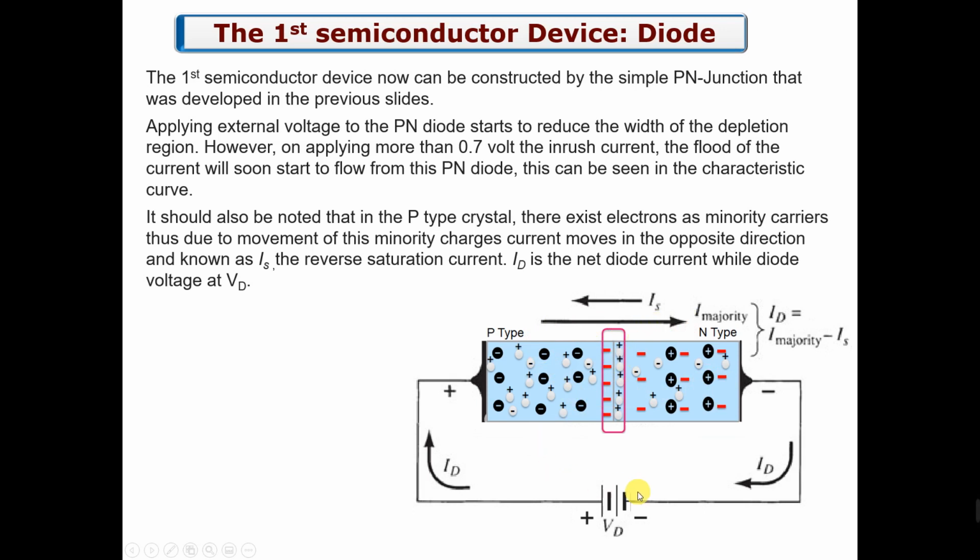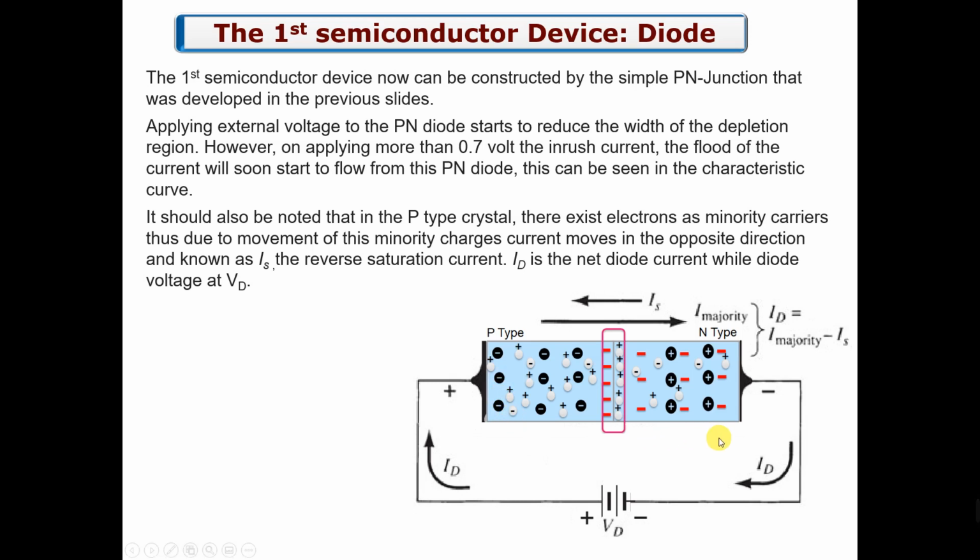The main current of ID is due to the flow of the majority charges, but there still exist some minority charges. In the n-type material, the minority charges are the free holes, and in the p-type material the minority charges are the free electrons.